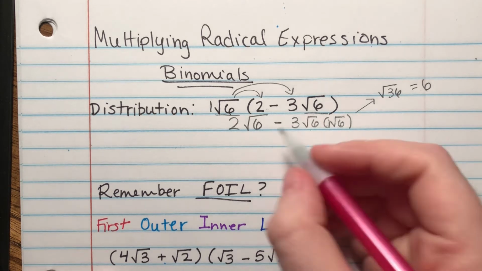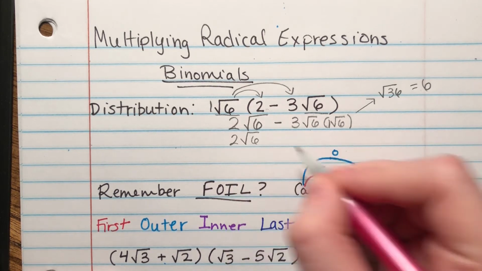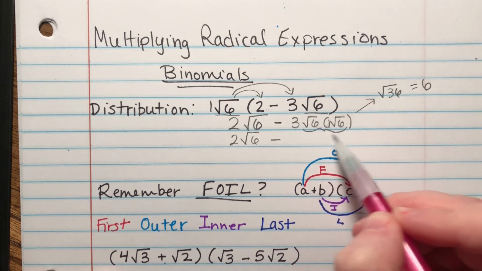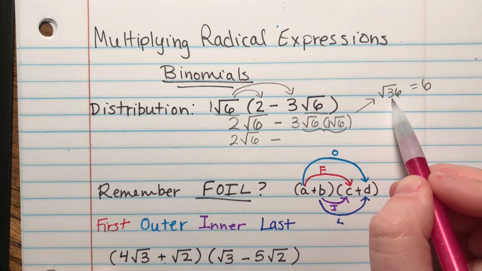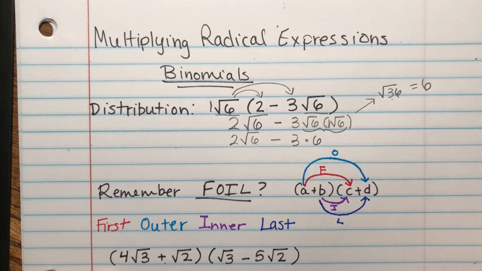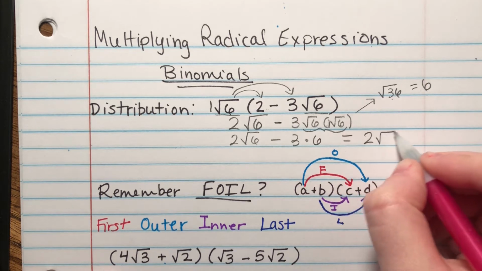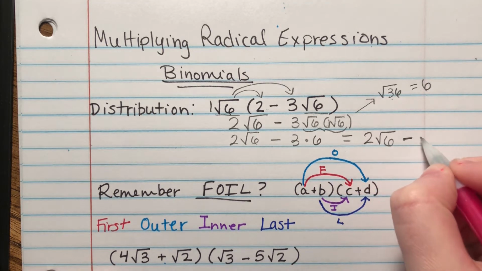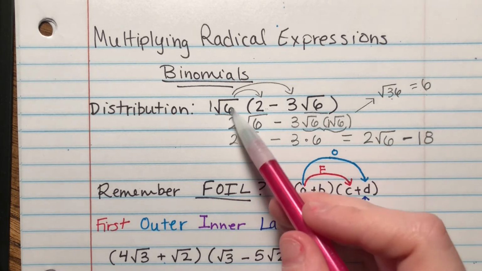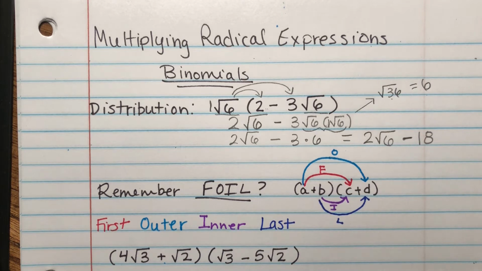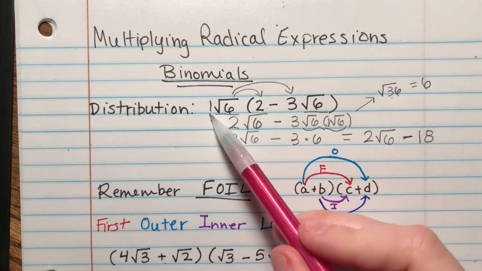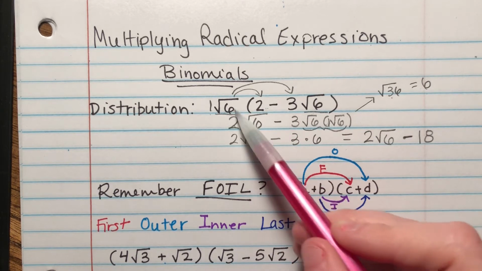So this is technically going to be 2 square root of 6 minus 3 times 6, which is 2 square root of 6 minus 18. And that's my answer. So I just distributed to both terms like I would if I had anything on the outside. The important thing to remember here is coefficients multiply with coefficients and radicals multiply with radicals.